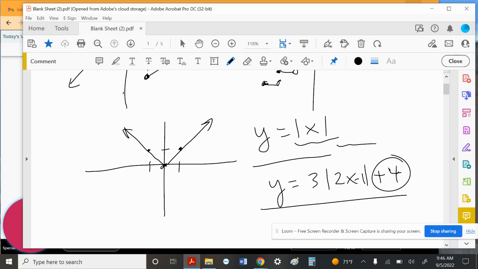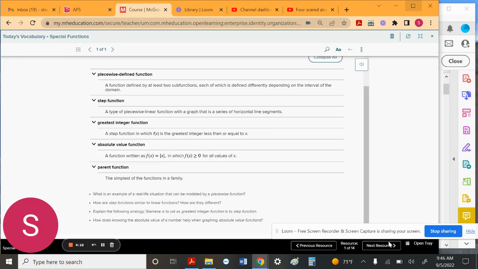So there's all kinds of things that we start doing once it becomes a little bit more complicated. So parent function, absolute function, that's what it's going to look like in this case. Of course, if the absolute value function is negative on the outside of the absolute values, then this is going to go down instead of going up. Okay.